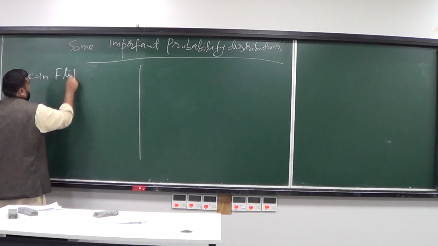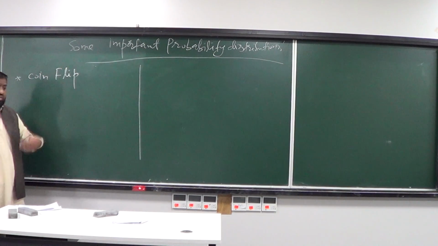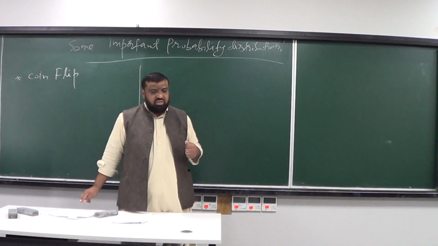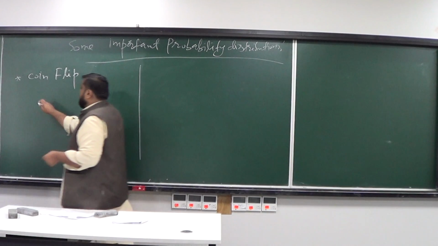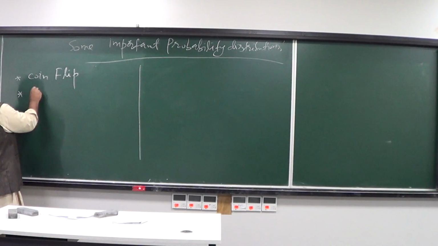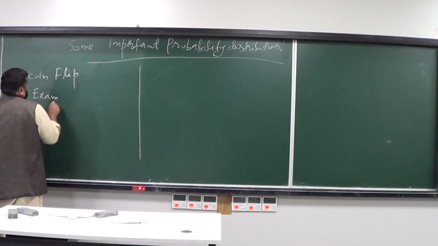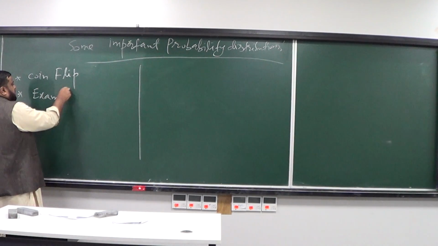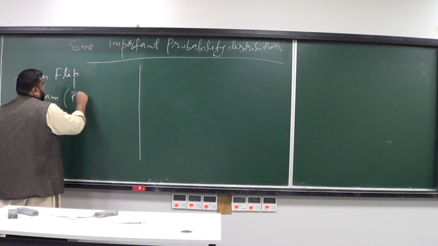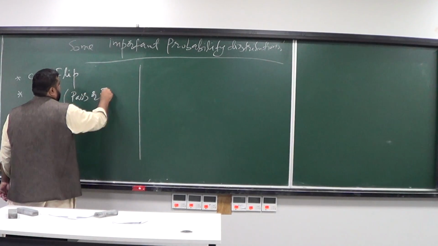In other words, you flip a coin. There are only two possible outcomes actually. You for example take an exam. So in that exam there are two possibilities, pass or fail.